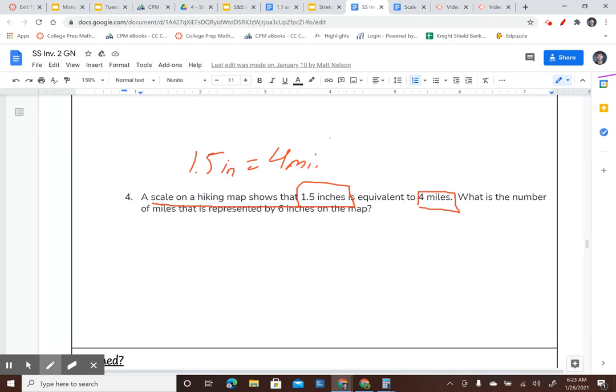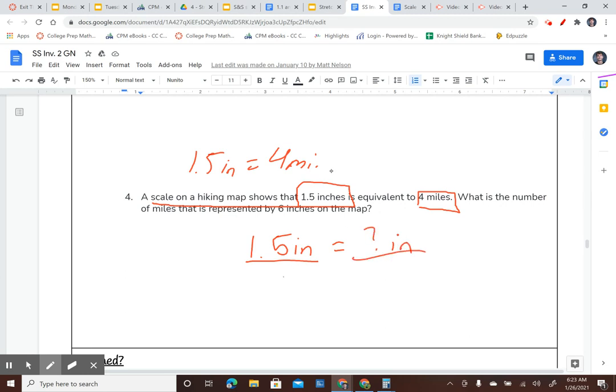All right, let's go ahead and set up a proportion here. So I'm going to make sure that I keep my inches on top. That's what I'm going to do. So 1.5 inches is equal to how many inches in this case?